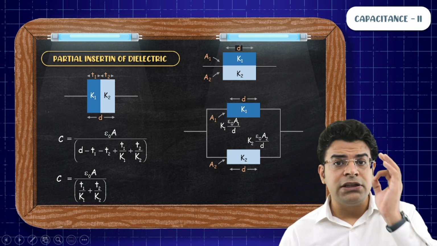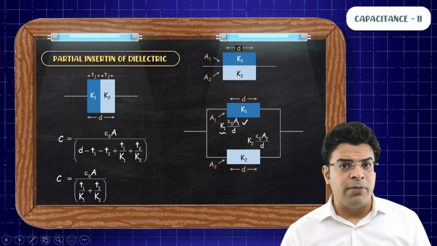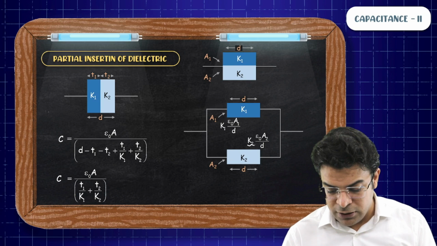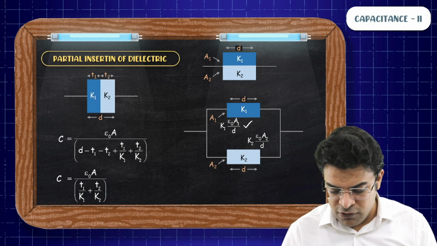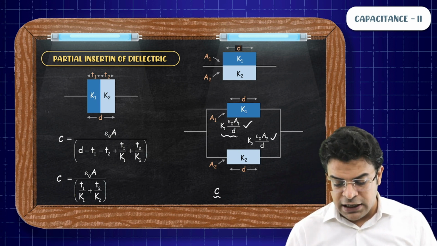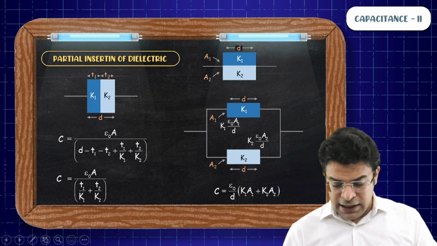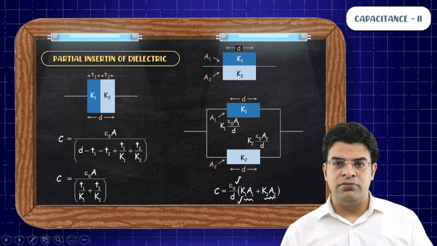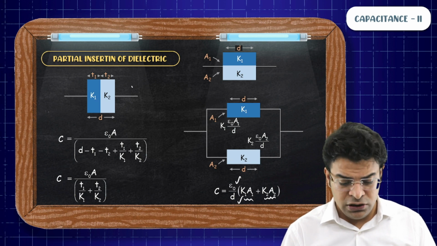The capacitance of the upper capacitor will be K1 epsilon naught A1 by D. The capacitance of the lower capacitor will be K2 epsilon naught A2 by D. And the net capacitance will be the sum of these two: K1 epsilon naught A1 by D plus K2 epsilon naught A2 by D. You can take epsilon naught by D common. You will have K1 A1 plus K2 A2. Easy.